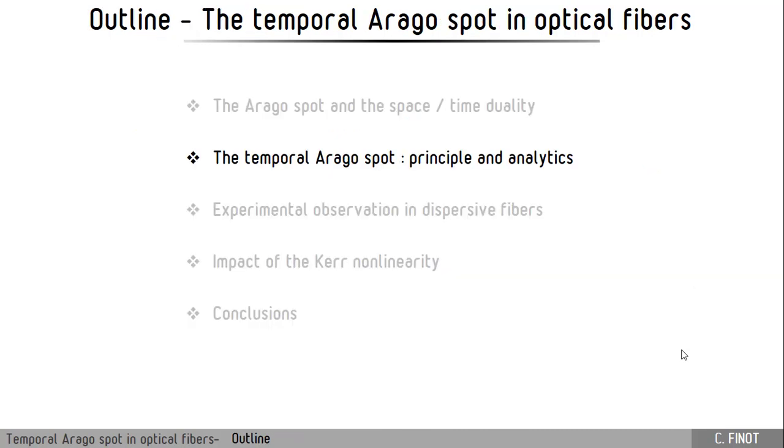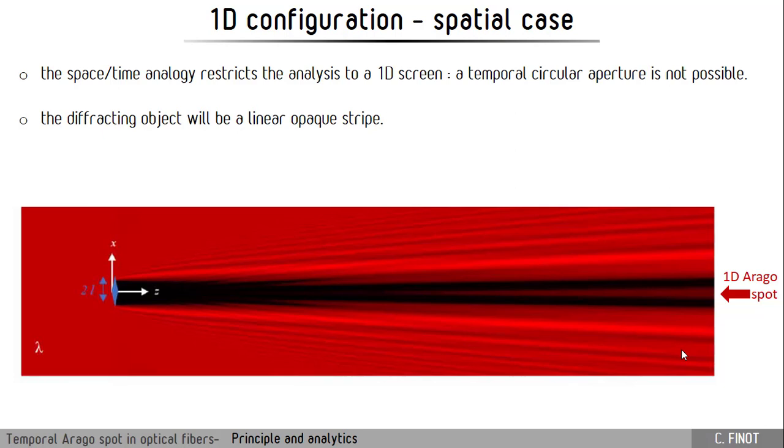What we are interested in today is the equivalent of the Arago spot. Our analogy only works in the 1D case. So we will not be able to consider in the temporal domain something that is fully equivalent to a circular screen. We will be limited to a 1D configuration, and in this case, what we will consider is a linear opaque stripe.